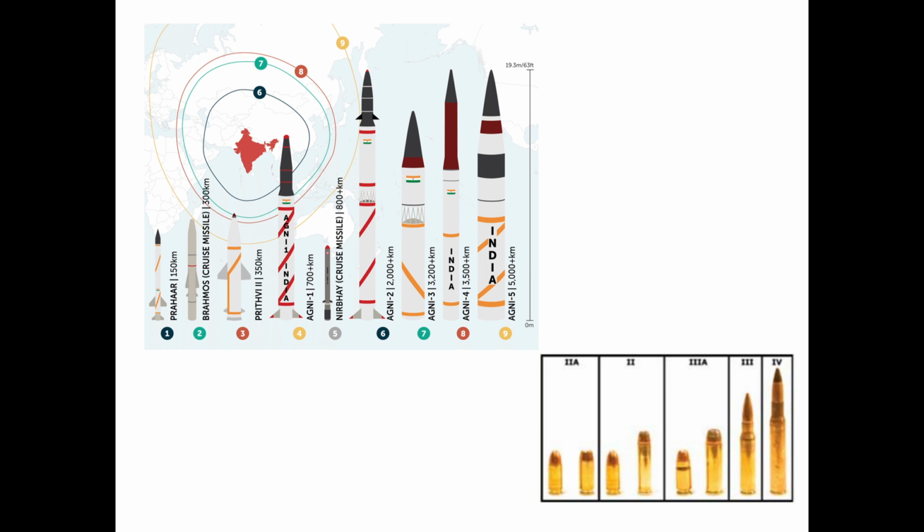In between, Nirbhay comes, where the terms ballistic and cruise come in. Nirbhay is a long range cruise missile. However, most of the others, including the Agni series, are ballistic missiles.